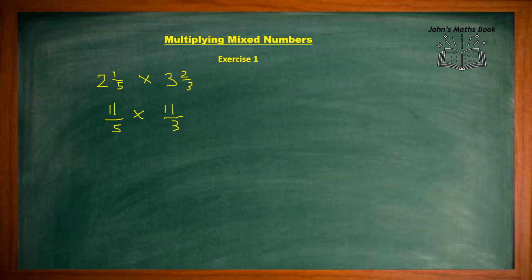Now we multiply the numerators and the denominators together. So 11 times 11 gives 121, and 5 times 3 gives 15, which is the new denominator. And we now have an improper fraction.